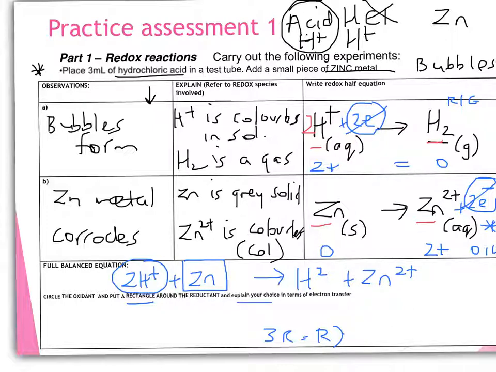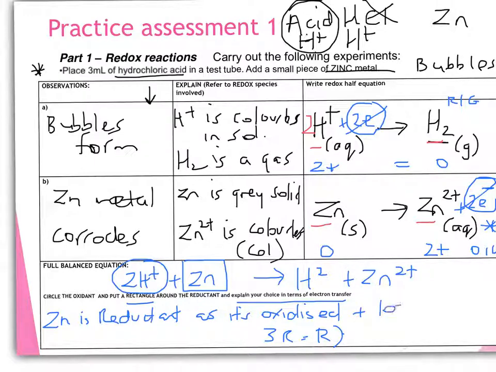And then explain in terms of electron transfer, and this is when you want to use the reductant/oxidant and OIL RIG thing. So the reductant is the one in the rectangle, so I'm going to go zinc is reductant as it's oxidised, remember OIL, and lost electrons.